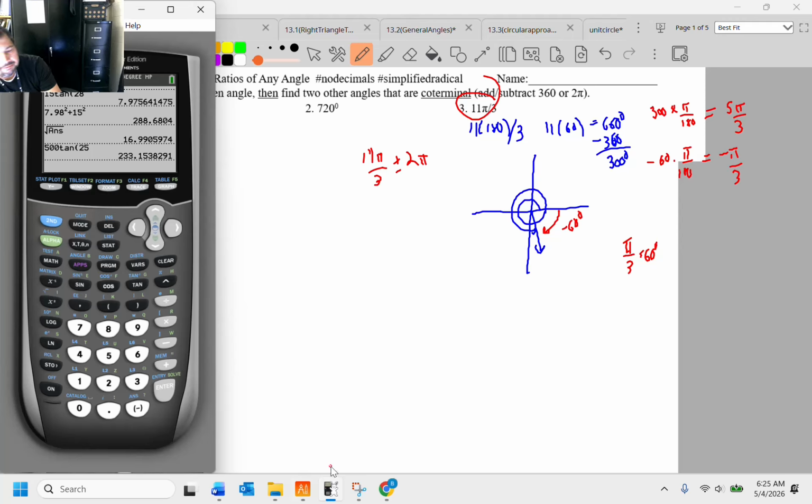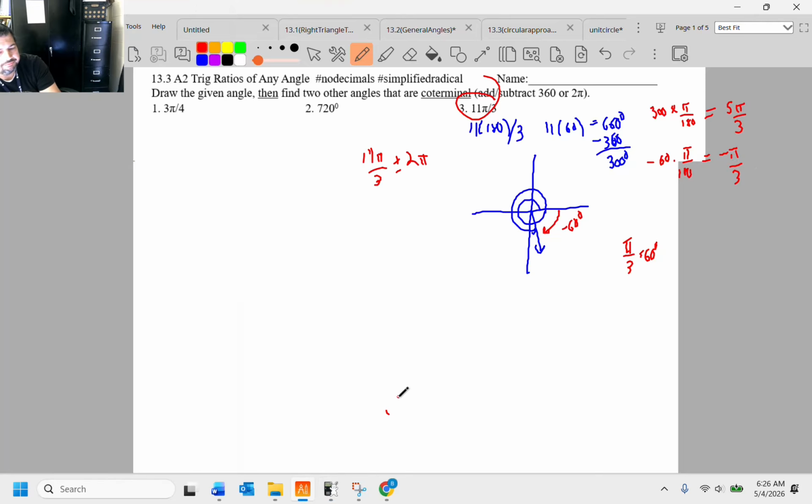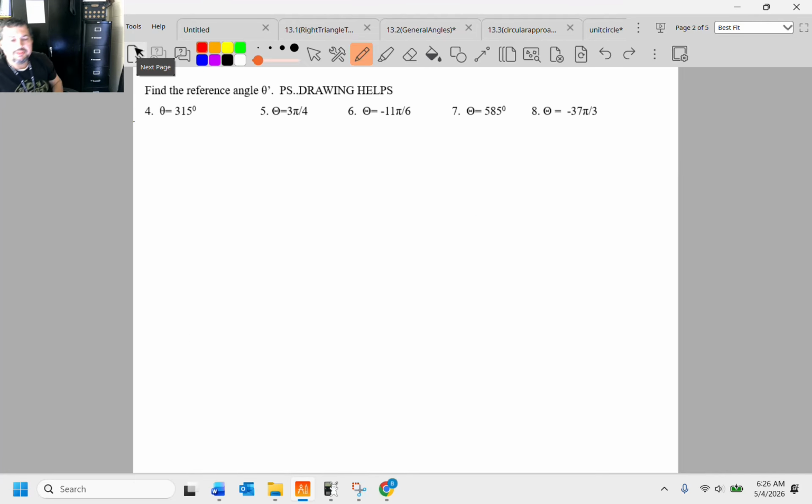So like in a TI-84, we have our 11 pi over 3. We're not going to put in the pi. If I take away 2, math enter, this will be that guy over there, 5 pi over 3. And if I take away 2 again, of course, you'll see that negative pi over 3. Easy peasy lemon squeezy.